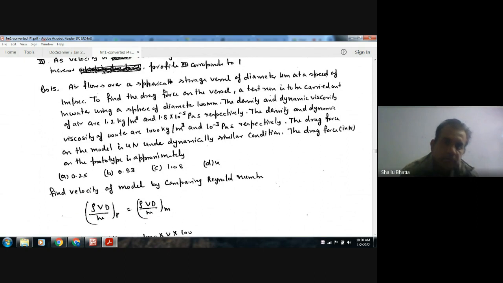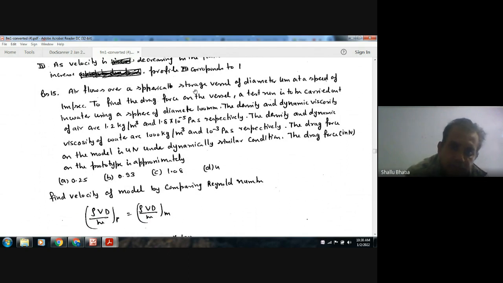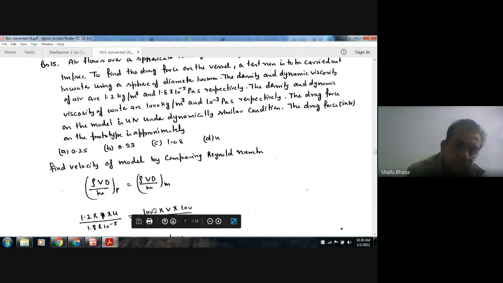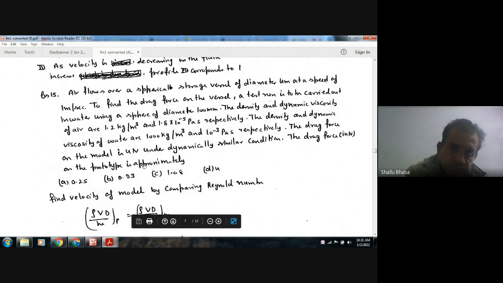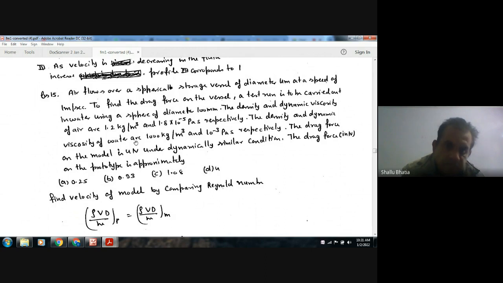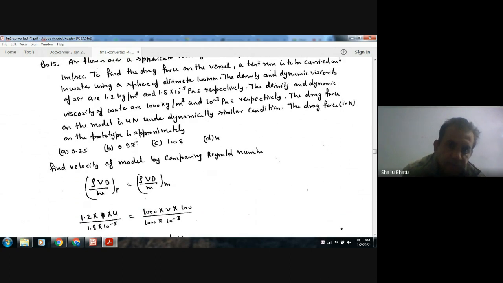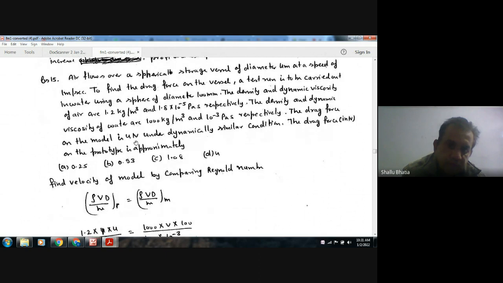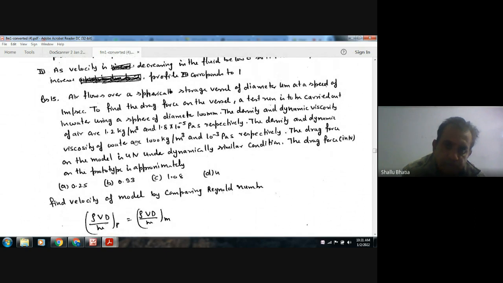Here the air flows over a spherical storage vessel, its diameter is 4 and the speed is given. Dynamically similar conditions are considered, so the Reynolds number should be the same. So rho v d by mu for the prototype and rho v d by mu for the model should be the same. Initially air is flowing, so density is 1.2 and viscosity is 1.8 times 10 to the minus 5, diameter is 4 and velocity is 1.